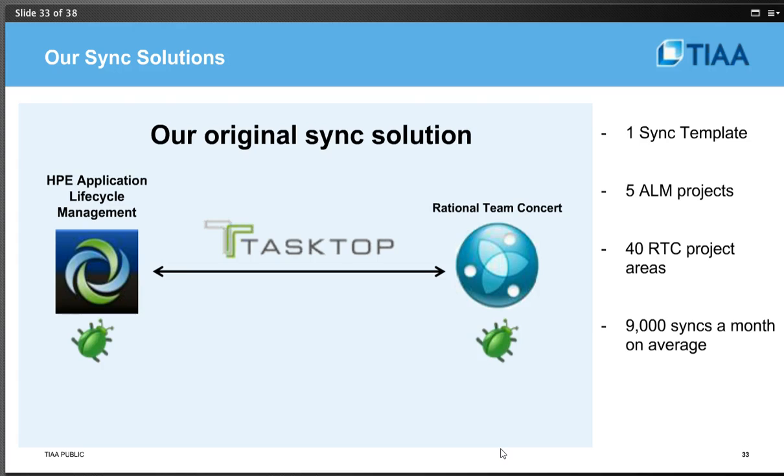We just have one template because we have all of our different ALM projects on one template. And of course, the more you can make your ALM projects and your projects from your other tools have a common workflow, the better. I'm probably preaching to the choir here, but the more you can make that common, it saves you so much time and effort in the long run.